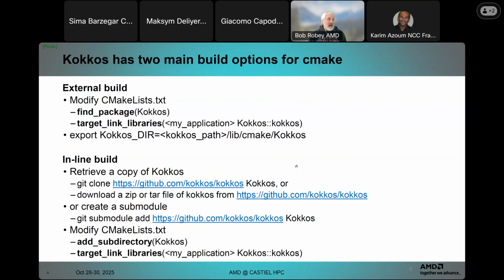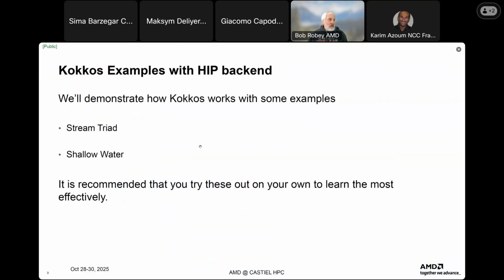So there's not a lot of heavy compilation that has to be done for Kokkos. And we'll show two examples, the first one with an external Kokkos build and the other one with an internal Kokkos build. And I think this presentation will only show one of them, but you can look at the examples in the example repository, and there are directions for the other one.